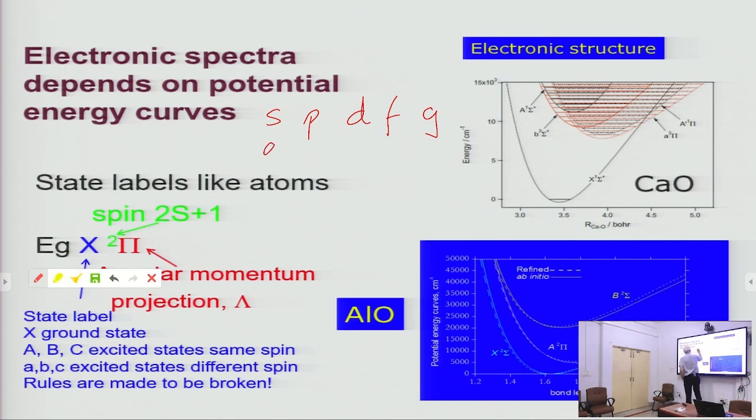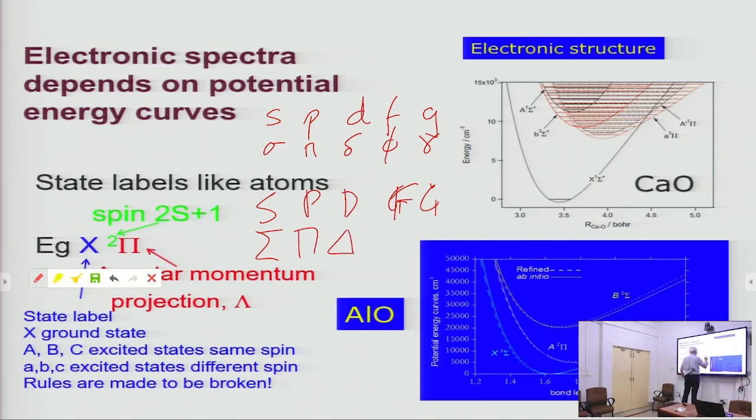They map to sigma, pi, delta, phi, gamma, or in capital letters, S, P, D, F, G go to sigma, pi, delta, phi, gamma. I don't think I've ever seen anything higher than gamma.